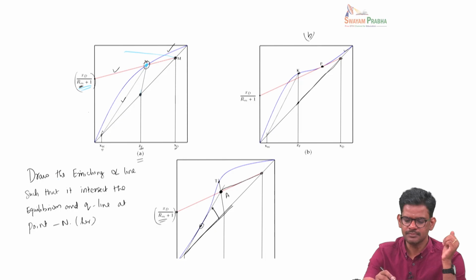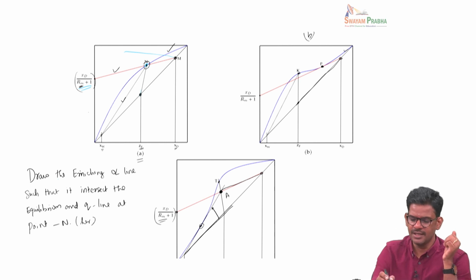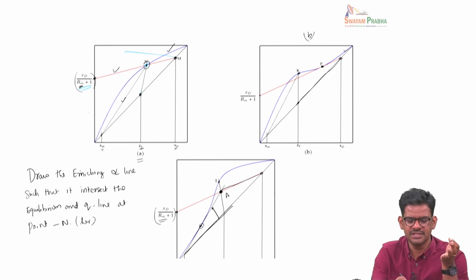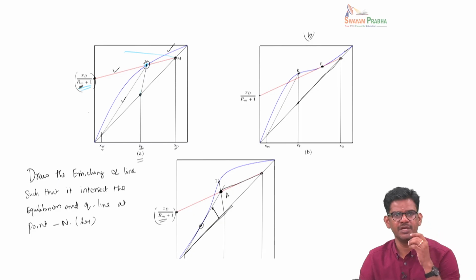Then we look at the point N, which is the intersection of the Q line and the equilibrium line, and then we draw the enriching line from M through N all the way to the intercept. And by reading the intercept value and equating that to XD/(Rm+1), we can find the minimum reflux ratio.